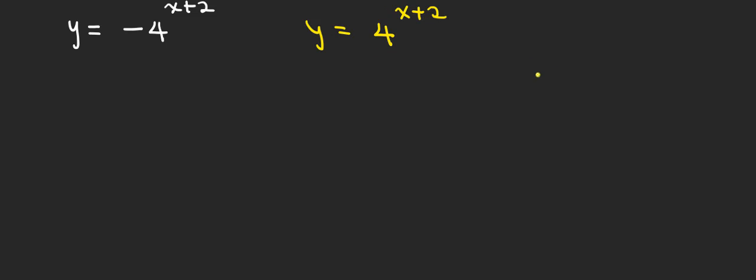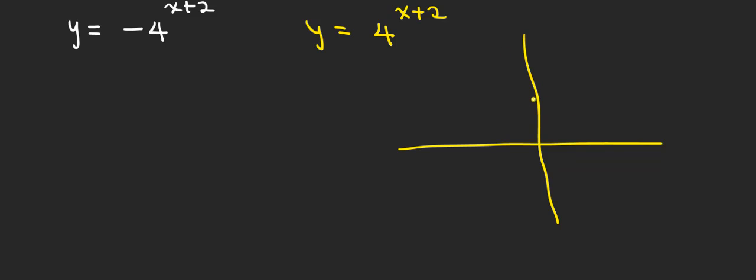Well, it will look like 4 to the x, but now the exponent is x plus 2. So that means there is going to be a horizontal shift to the left. So the y-intercept moves 2 to the left, and then it will look like this.